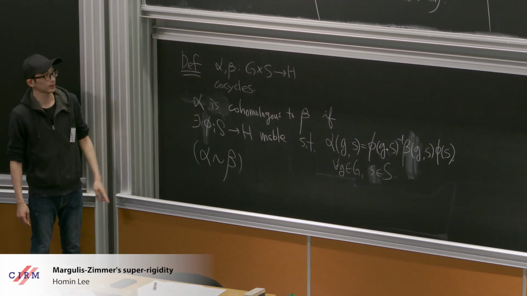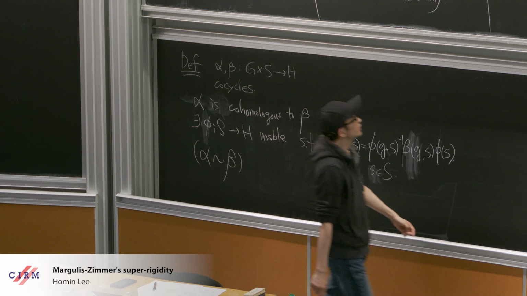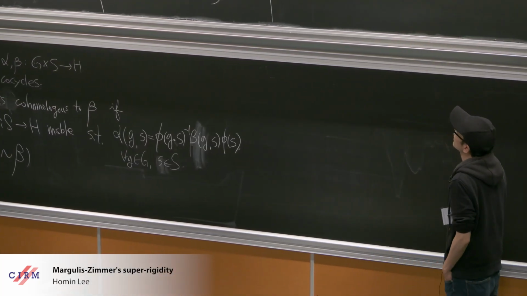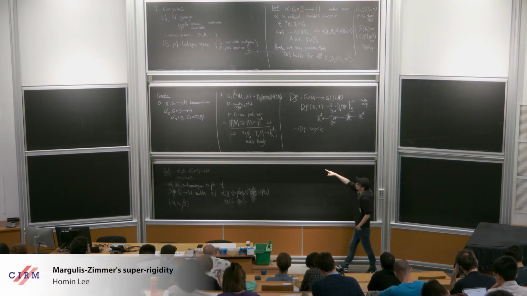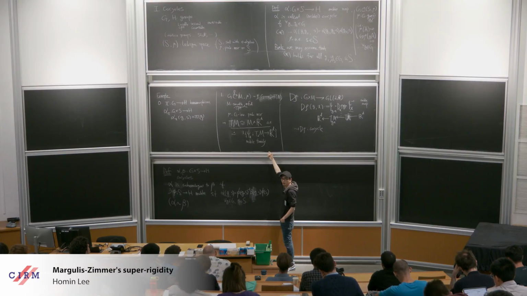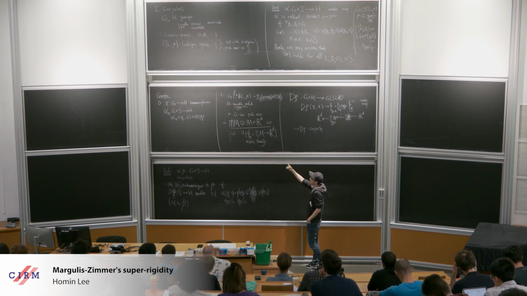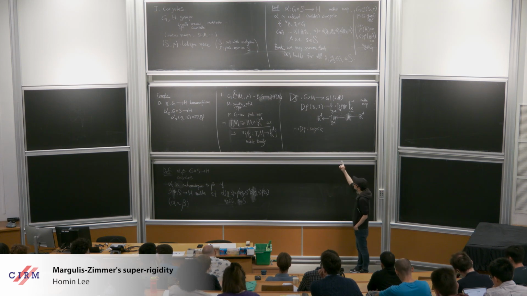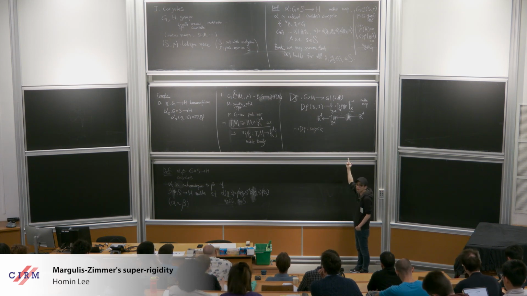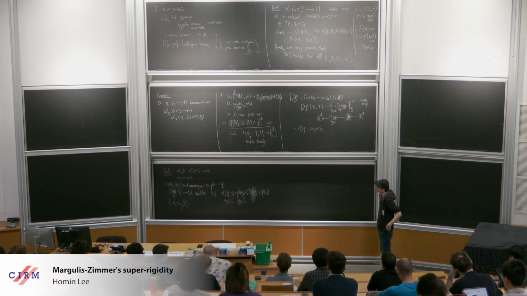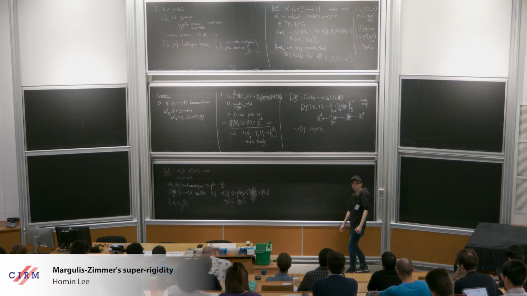In this example, another exercise is that if you choose a different measurable family of frames which makes the tangent bundle trivial, then you will get a different cocycle, but it is cohomologous to the original one. You can check it very easily. So that's another exercise for you. Questions?